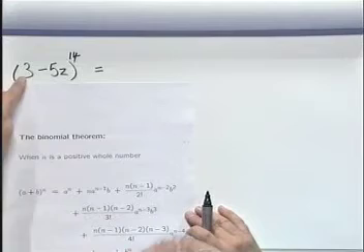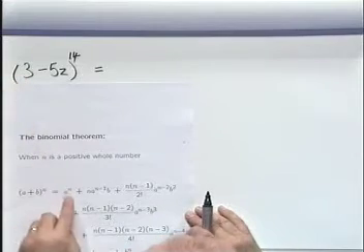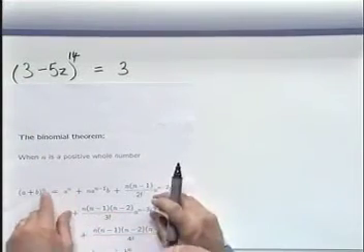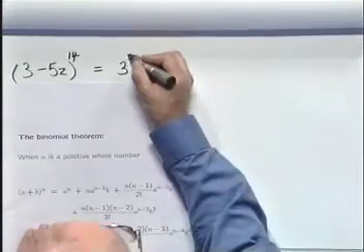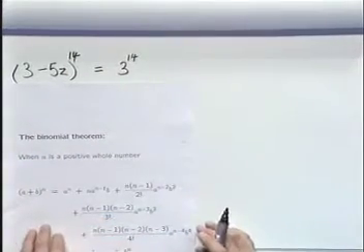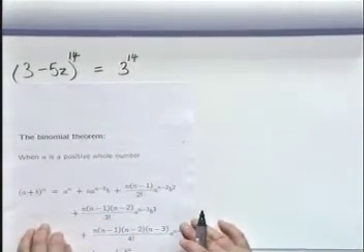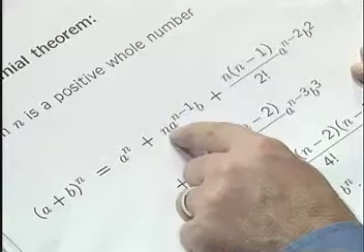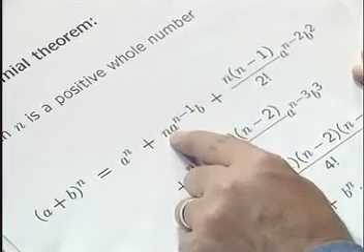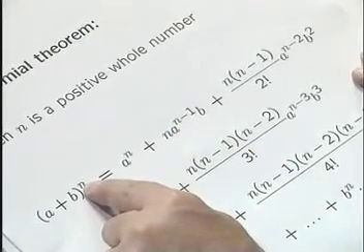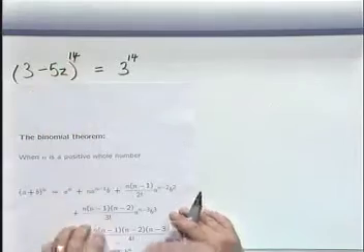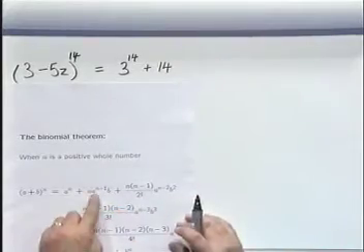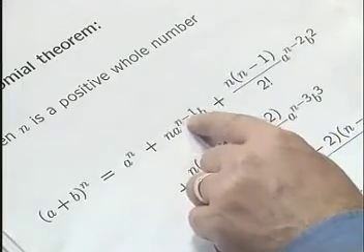Okay, so A is 3. And we want to raise the 3 to the highest power, which is 14. So my first term is 3 to the power 14. My second term is this one. It begins with an n, the power in the original expression, which was 14, multiplied by a to the power n minus 1.